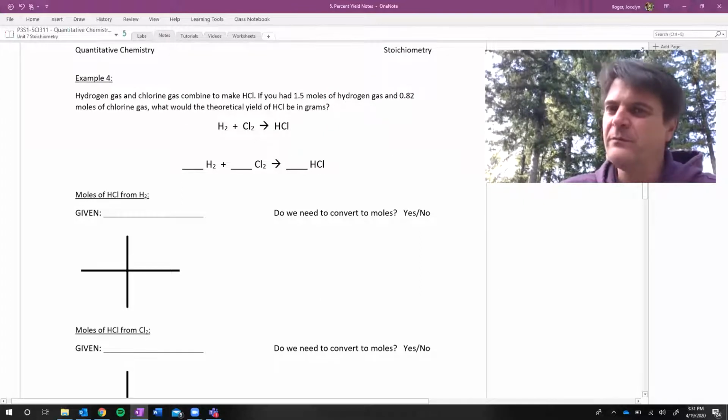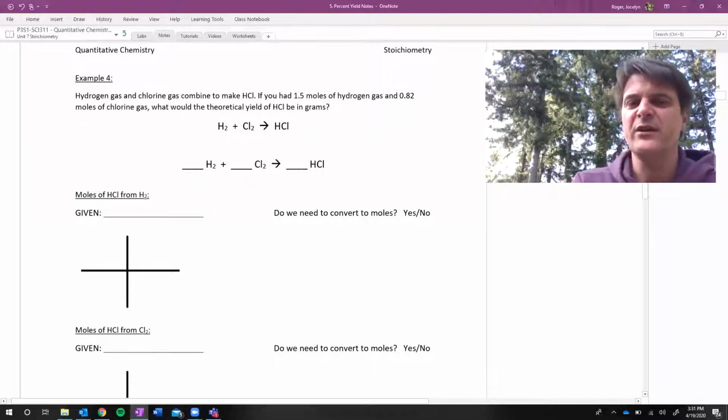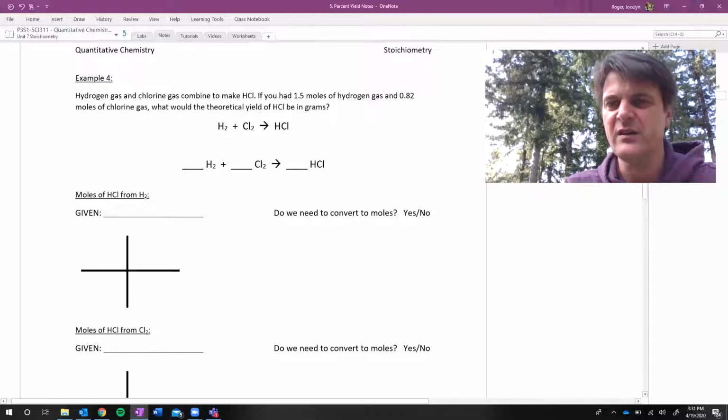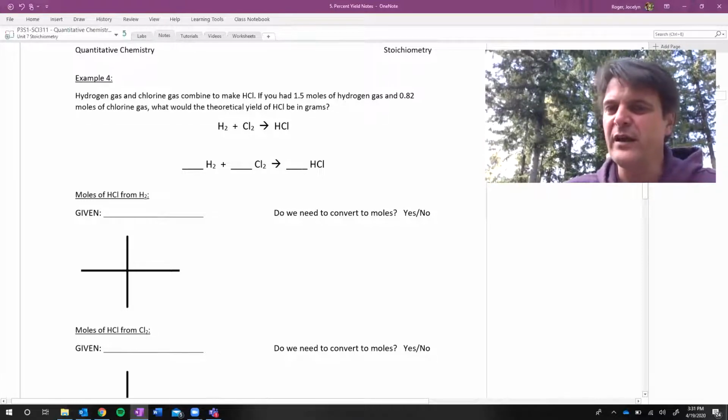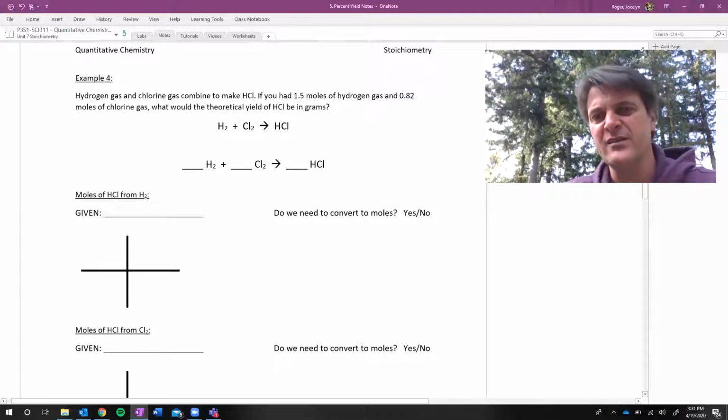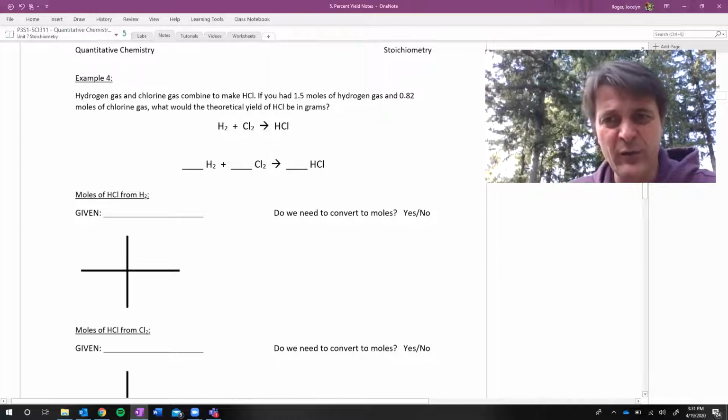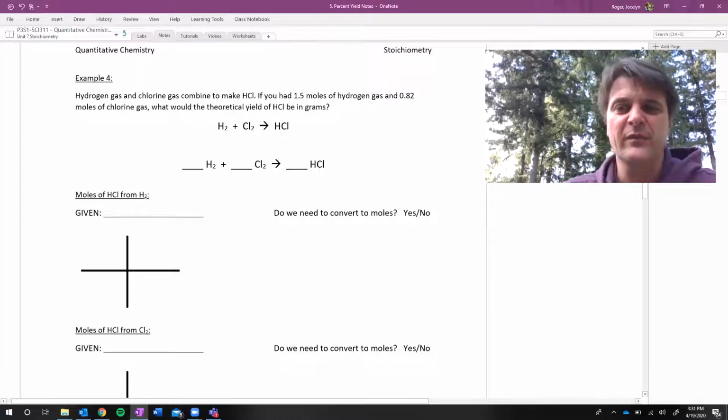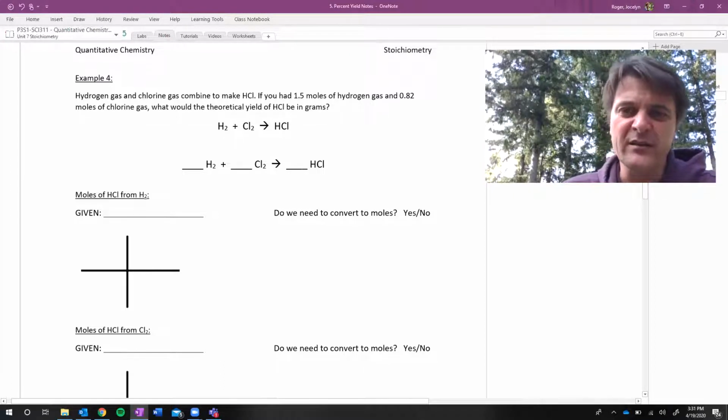Example number 4, same thing, except now they're not telling us which one is the excess and which one is the limiting reagent. So we're going to have to do like what we did in the previous lesson about limiting and excess reagent, and we're going to have to find which one it is that produces the lowest amount of product. And once you have the lowest amount of product, that's your theoretical yield.